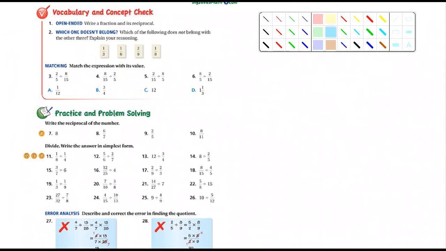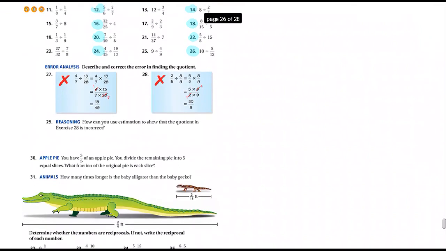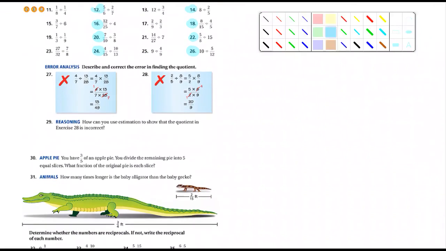So let's see here. So 4, 6, 8, 10, 12, 14, 16, 18, 20, 22, 24, 26. Let's go down a little bit further. 26. Look at 28 and figure out what they did wrong.